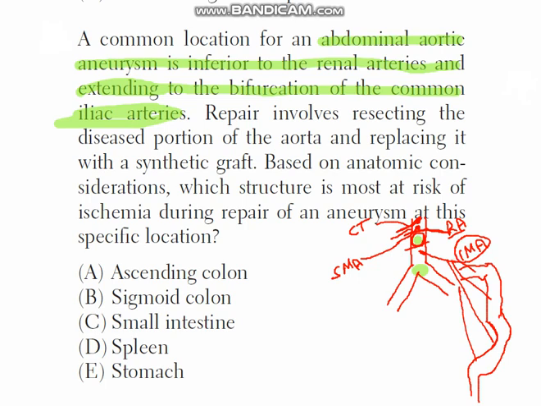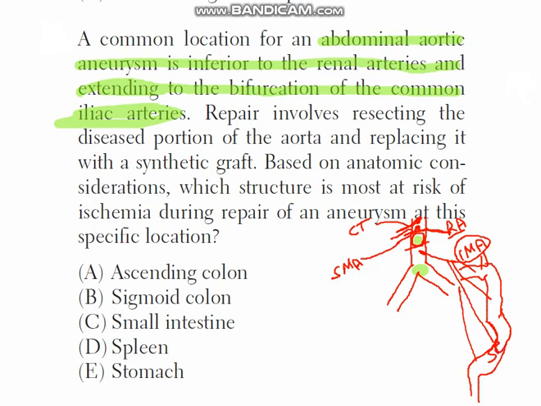Commonly, there are enough collaterals present which are sufficient to provide blood supply to the distal region of the colon, the descending colon, but there is very little collateral supply to the sigmoid colon.